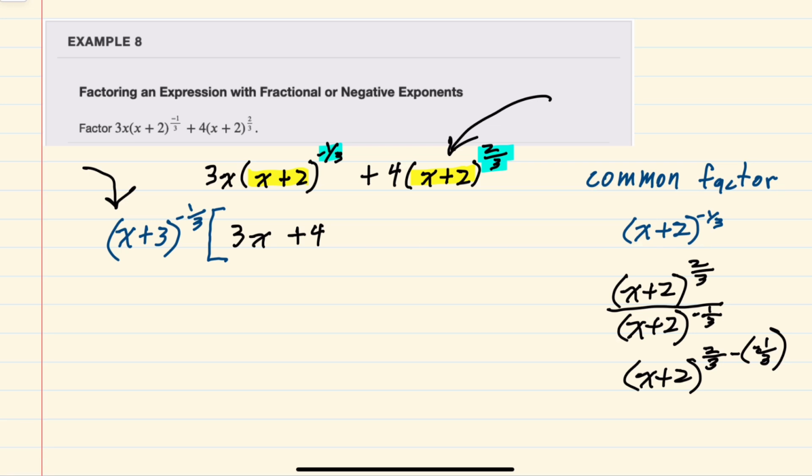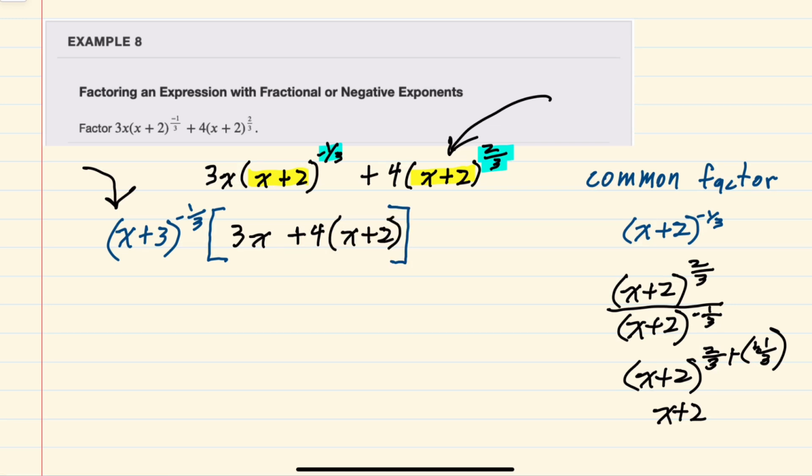Subtracting negative 1/3 would be the same as adding a positive 1/3. So 2/3 plus 1/3 is 1. We're left with just an x plus 2. So I would write that and keep it inside our parentheses.